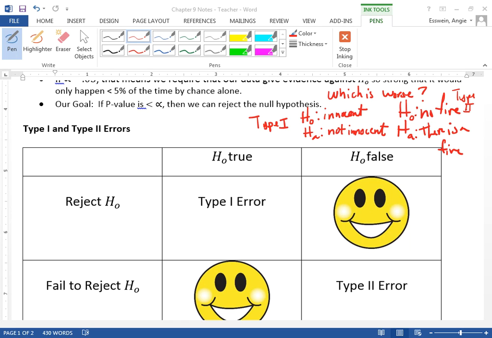Then type 2 is we fail to reject H naught. So we think the proportion of customers waiting is still 63%.